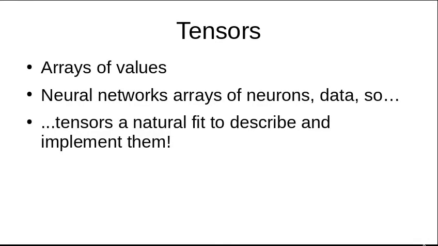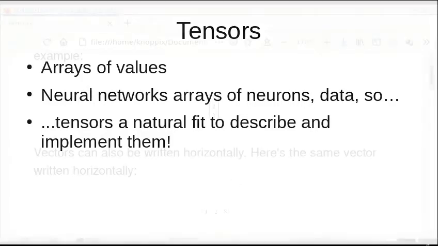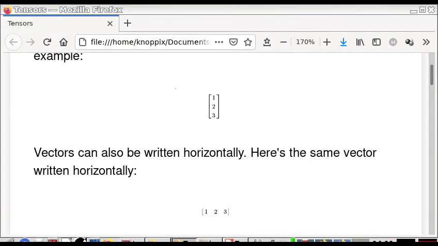So what are tensors? Tensors are essentially arrays of values. And since neural networks are arrays of neurons and arrays of data, tensors are a natural fit to describe them and implement them. A one-dimensional tensor is known as a vector. Here's an example of it written in mathematical notation.